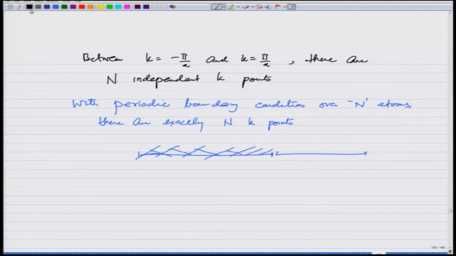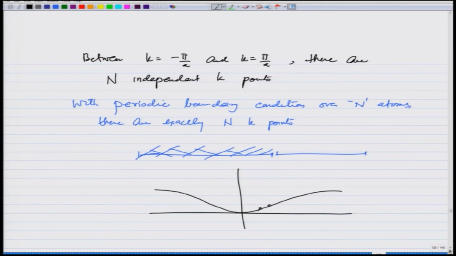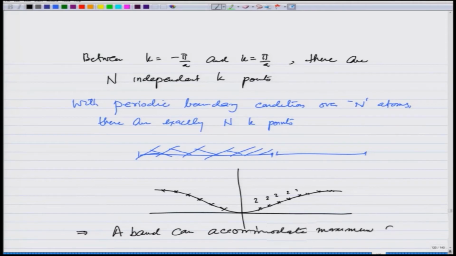So, if I now plot the band, there are these n points. And each of these can carry 2 electrons. So, this means a band can accommodate maximum 2n electrons.